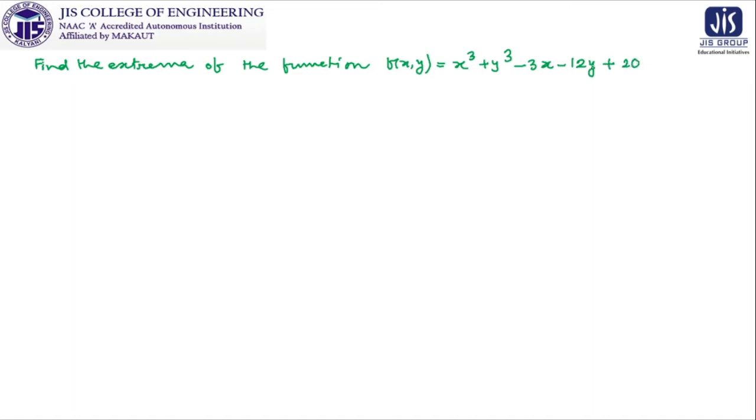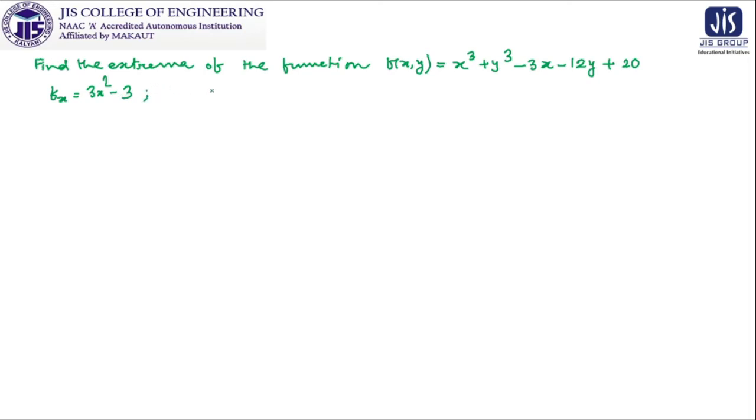You know the whole process, how to find it out. Just for the practice session we are doing it. In some cases we can have some step jumps, because you are now matured students of this class. So fx is the partial differentiation of f with respect to x, so it will be 3x square minus 3.